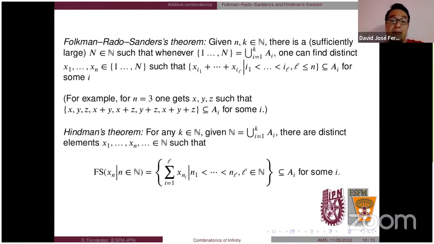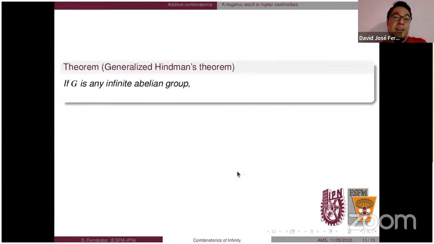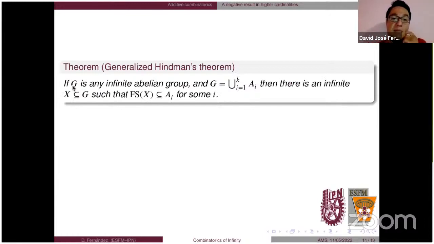So maybe there's a theorem like this where you color the reals, and well, you can go much more general than that. So what I call the generalized Hindman's theorem is just that for any infinite abelian group, every time you partition it into finitely many pieces, you're going to find infinitely many elements of the group such that all of their finite sums are in the same piece of the partition.